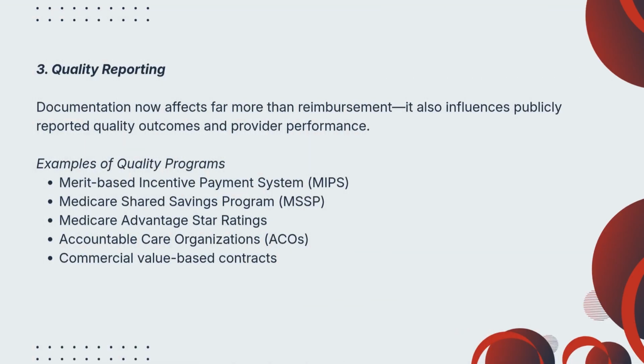3. Quality reporting. Documentation now affects far more than reimbursement. It also influences publicly reported quality outcomes and provider performance. Examples of quality programs are Merit-Based Incentive Payment System, MIPS, Medicare Shared Savings Program, MSSP, Medicare Advantage Star Ratings, Accountable Care Organizations, ACOs, and commercial value-based contracts.